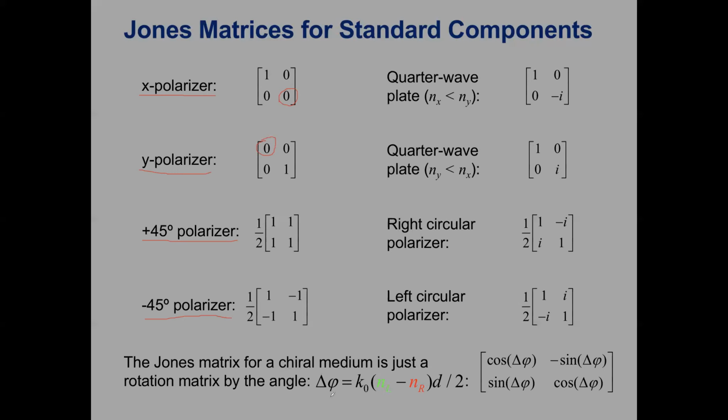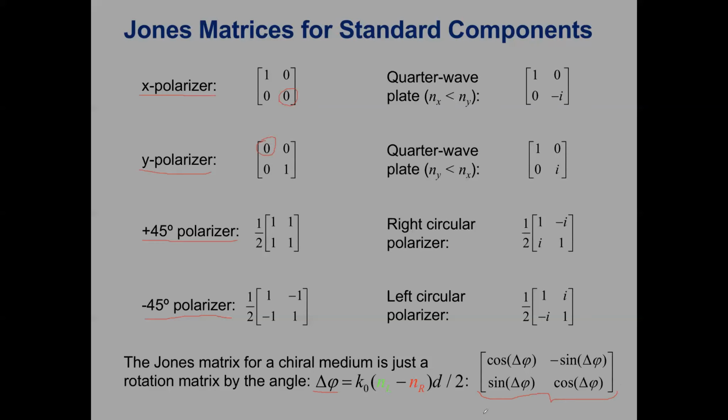So it rotates the overall linear polarization by an angle delta phi. So for this type of device, a Faraday effect isolator like we talked about on Wednesday, the Jones matrix is just a rotation matrix. You could take the rotation matrix from 2 slides back and, instead of the angle theta, use the angle delta phi.